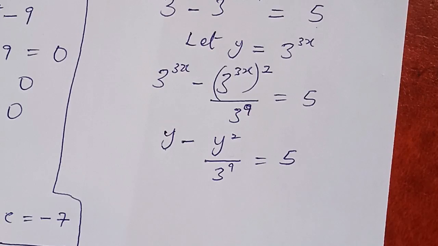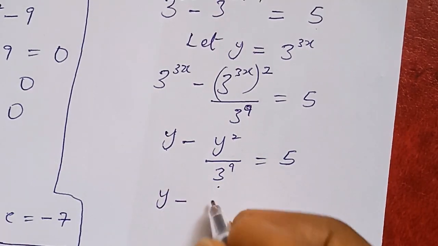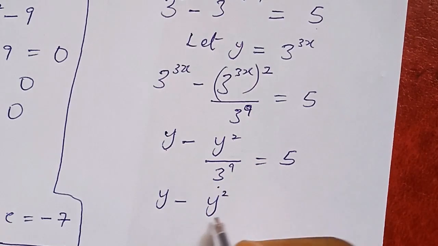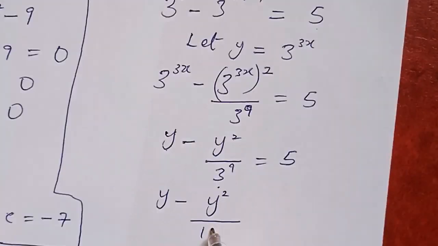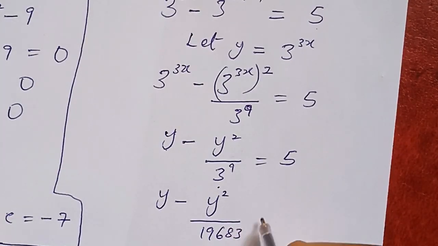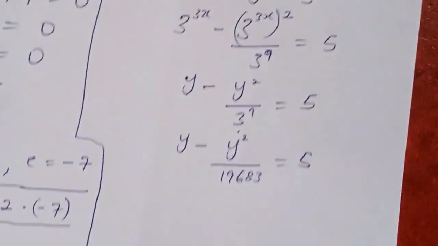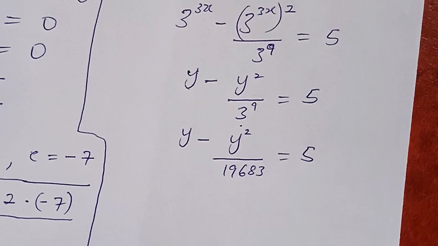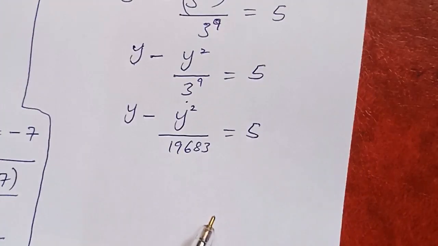So if we evaluate this 3 raised to power 9, that means 3 multiplied by itself 9 times, we are going to get y minus y raised to power 2 over 19,683 equals 5.